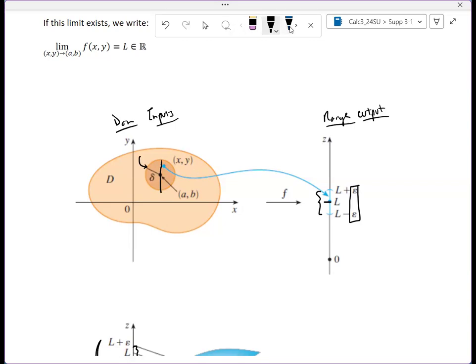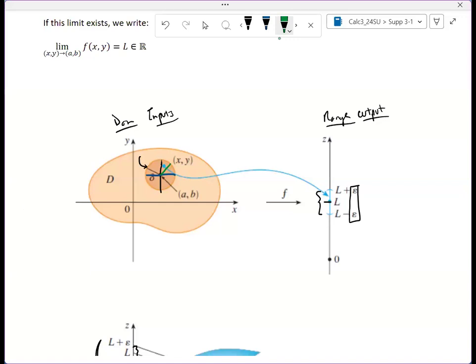Or a different subset of points where y equals b and x is allowed to vary. Or maybe I'm coming in along, say, a 45-degree line like this. I can imagine approaching (a, b) from infinitely many different ways.